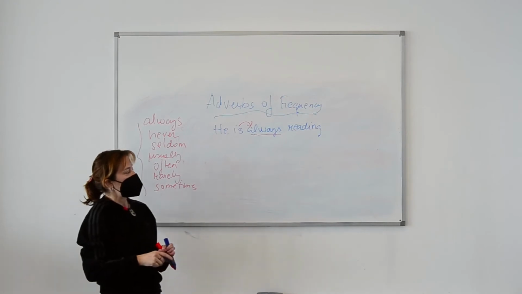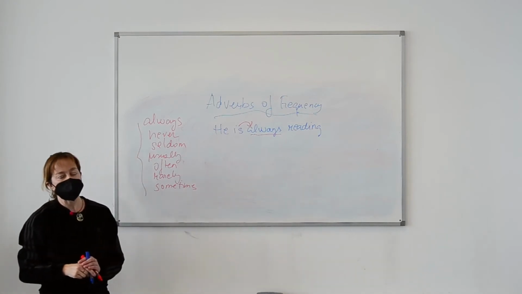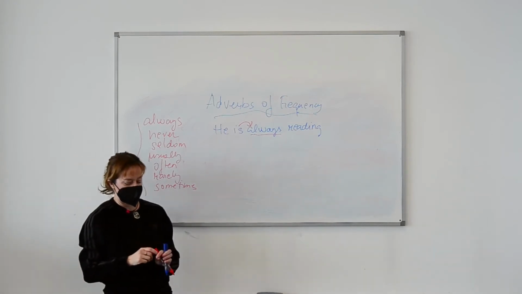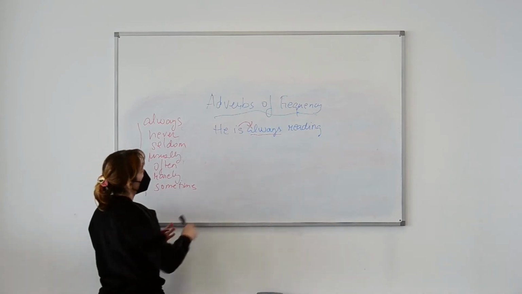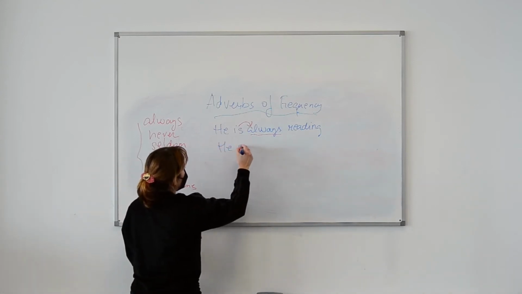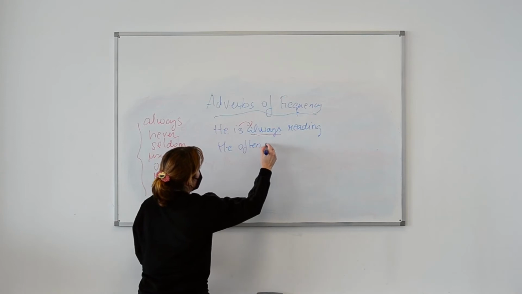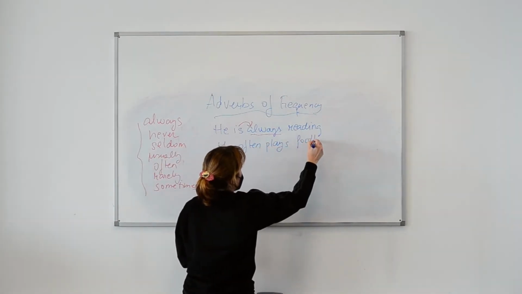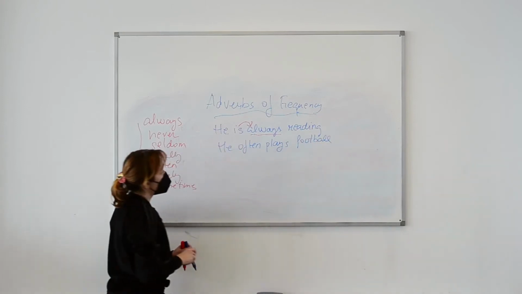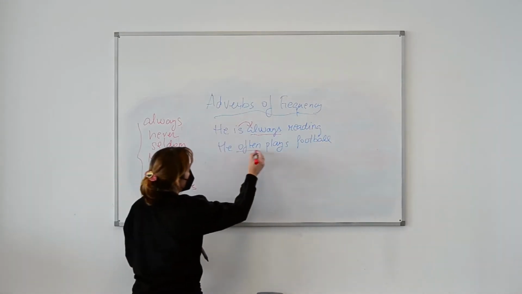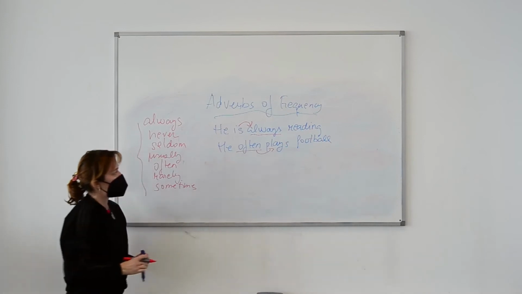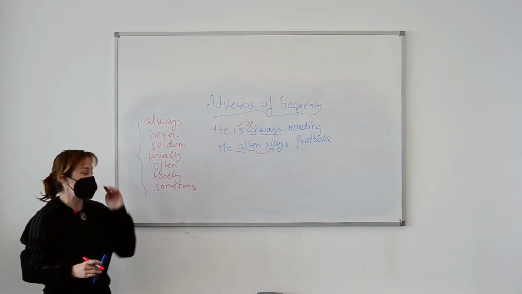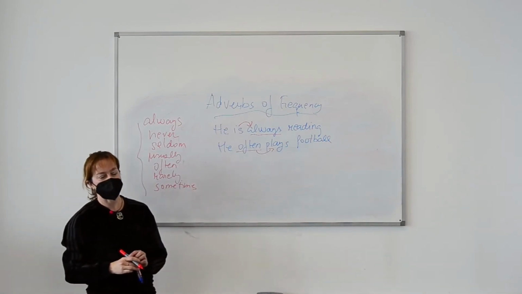But normally, adverbs of frequency are placed before the main verb. For example, he often plays football. Okay? In this case, the adverb of frequency is placed before the verb. This is the most important position of adverbs of frequency.